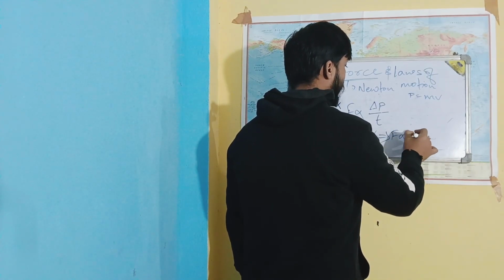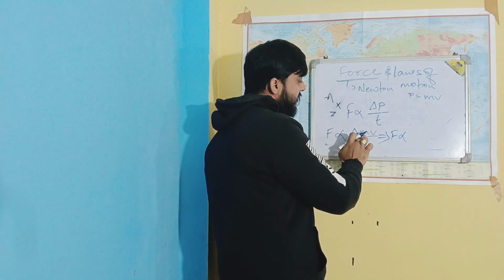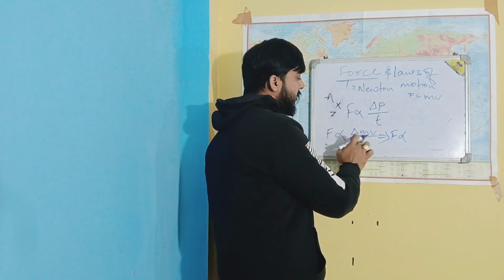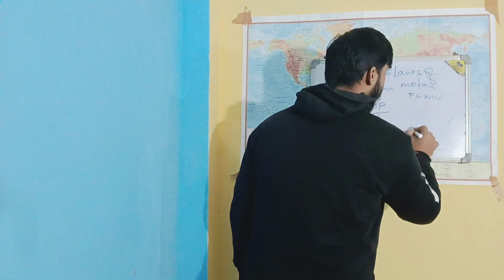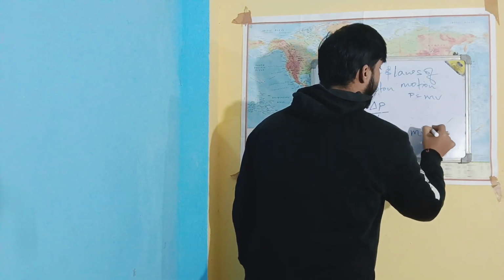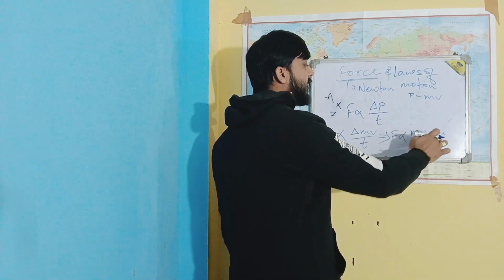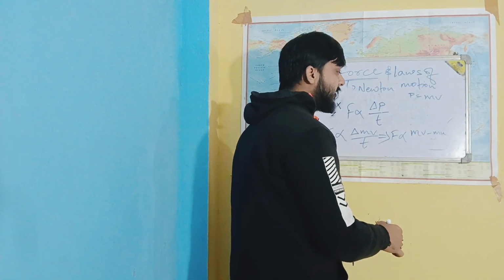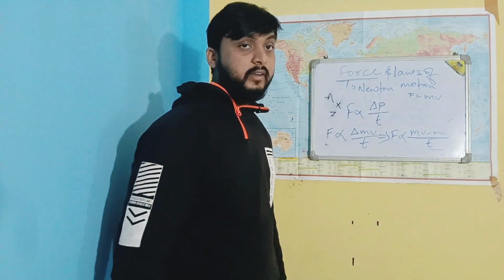If the velocity differs, then F is directly proportional to the change in momentum. So let us remove the delta and put the change. What will be the change? mv minus mu, the final velocity and the initial velocity, by t, isn't it?